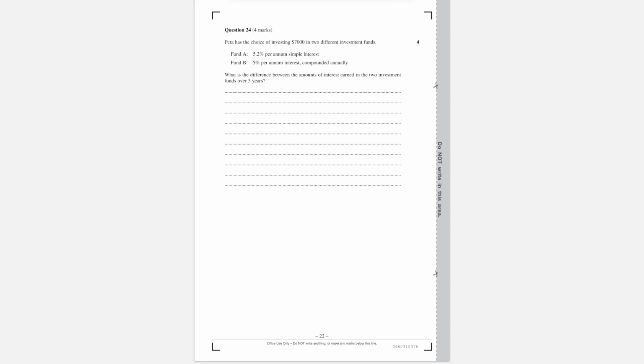So let's go with the simple interest, which is A. I is equal to PRT. Our principal is 7,000. Our rate is 0.052 per annum, and the time is 3 years, so we just multiply by 3.